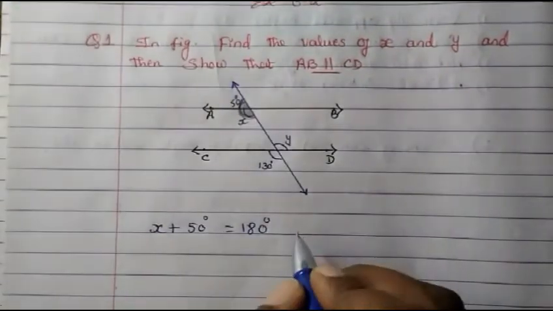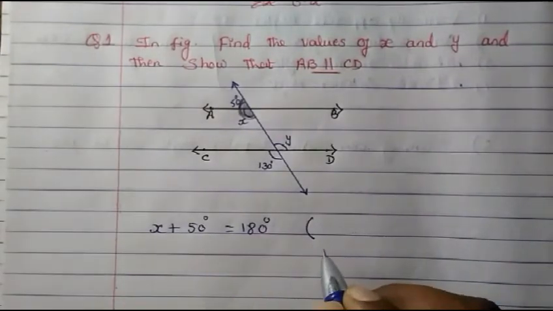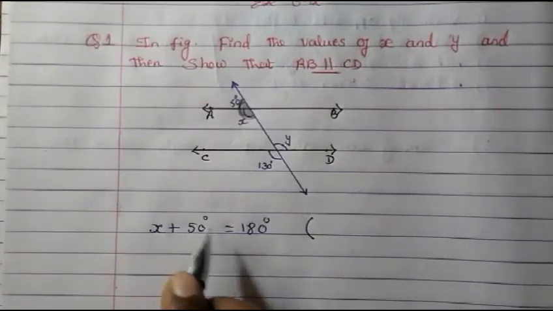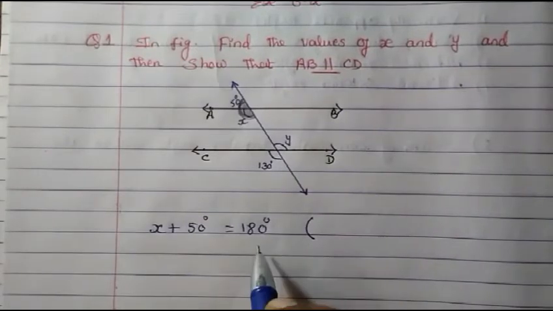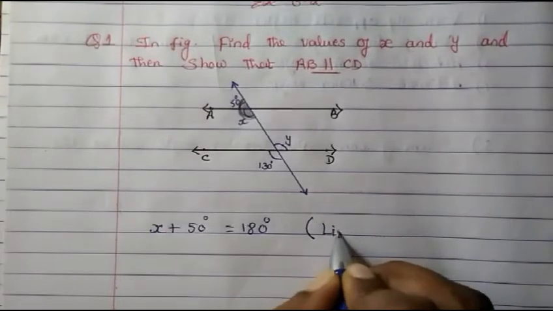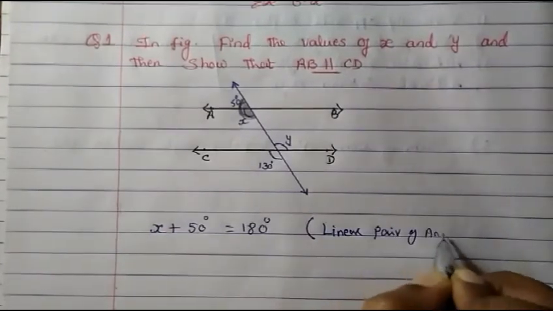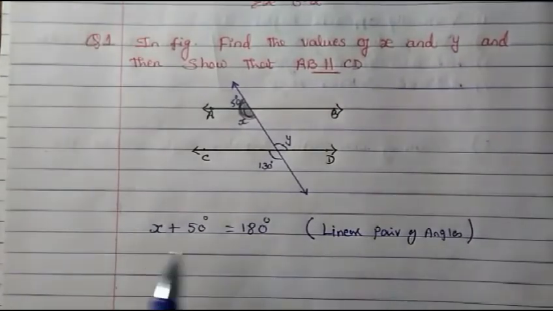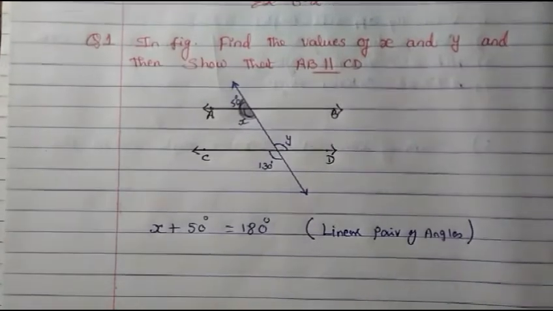By the way, children, your marks will be deducted if you don't give the appropriate reason. That is very important. If you just write x plus 50 degrees is equal to 180 degrees, then I'll put a question mark: how can you say it is 180 degrees? So the reason is very, very important. You have to say that this is a linear pair of angles, because the sum of a linear pair of angles is 180 degrees.